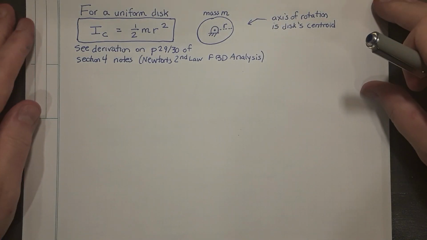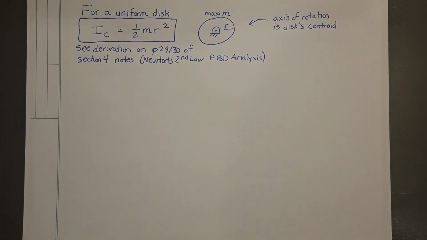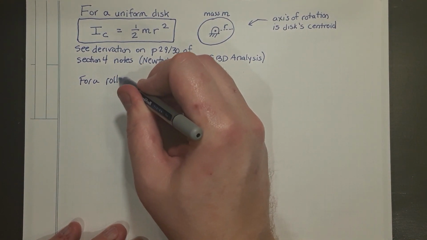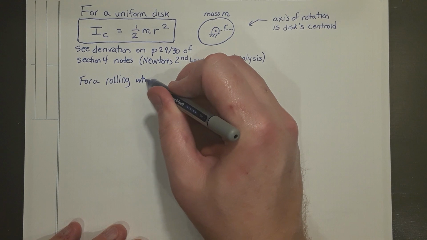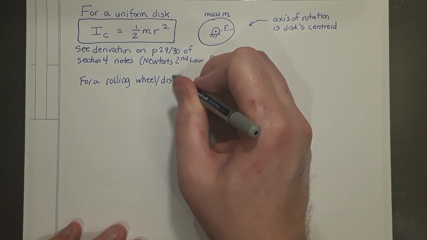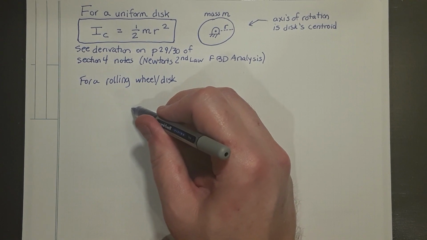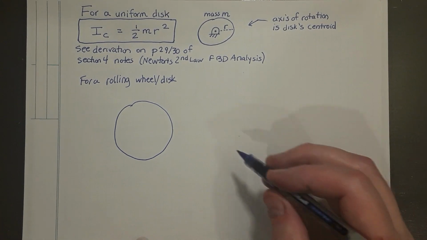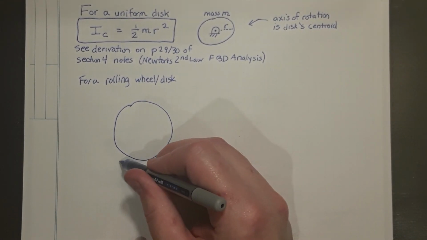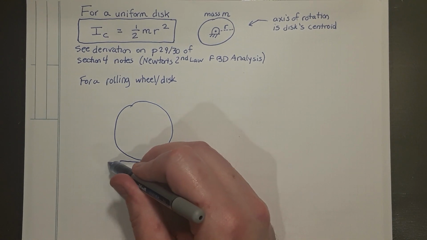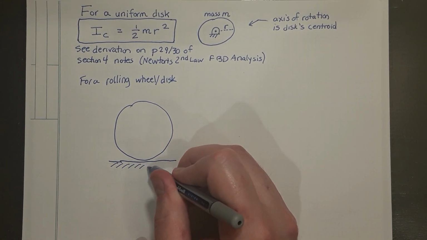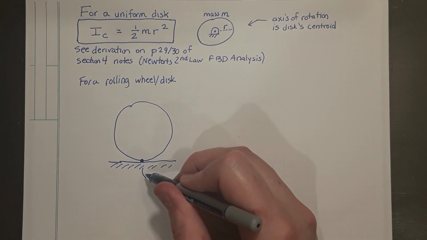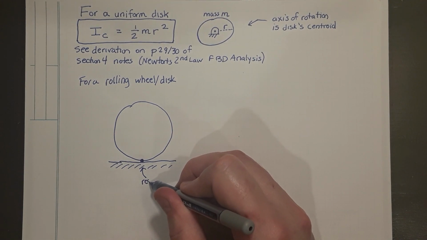So specifically for a rolling wheel, or rolling disc, when we look at the wheel in its interaction with the surface upon which it rolls, there's only one point on the wheel which is at rest.